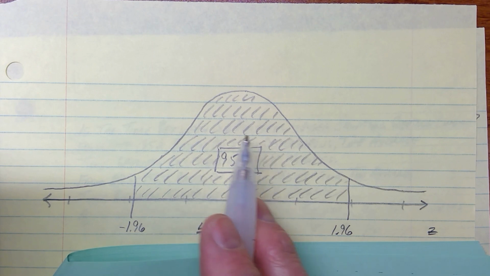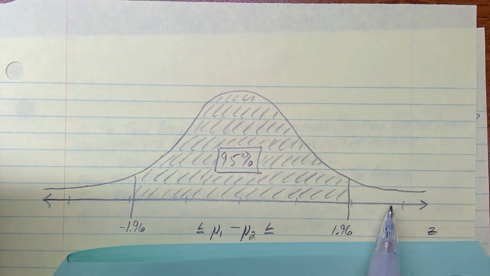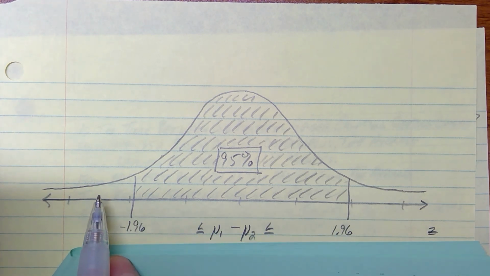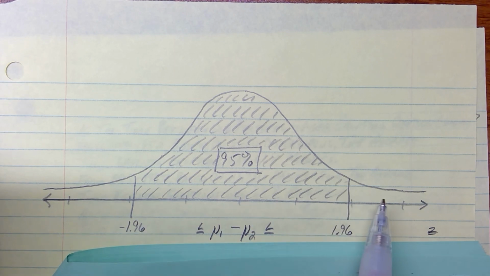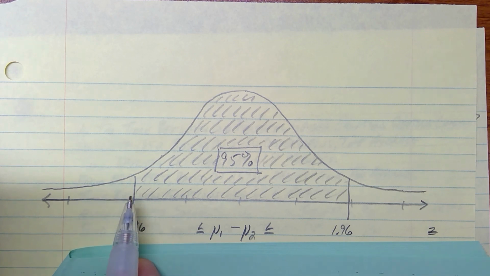Think about your curve. If there's 95% right smack dab in the middle, that means there's 5% left over for the tails. If I take that 5% and split it in half, that means there's 2.5% here and 2.5% here. I'm going to concentrate on this 2.5% over here because I can look up area to the left in the z-table.